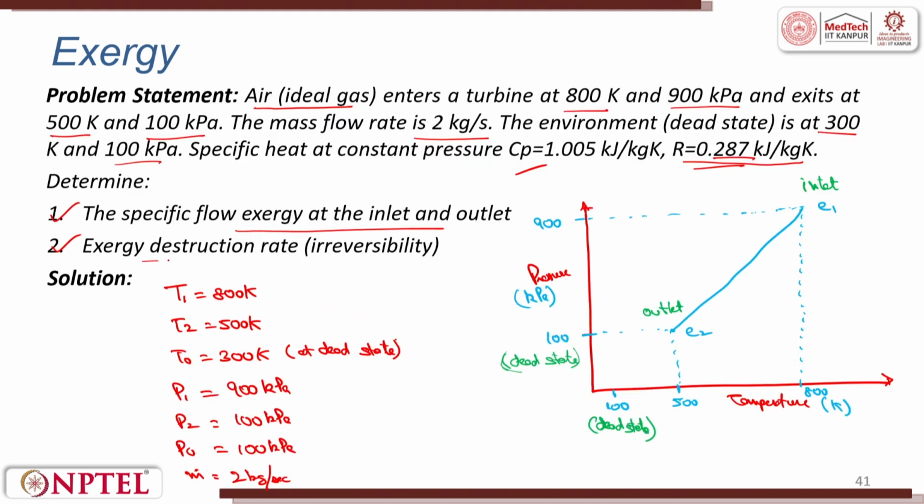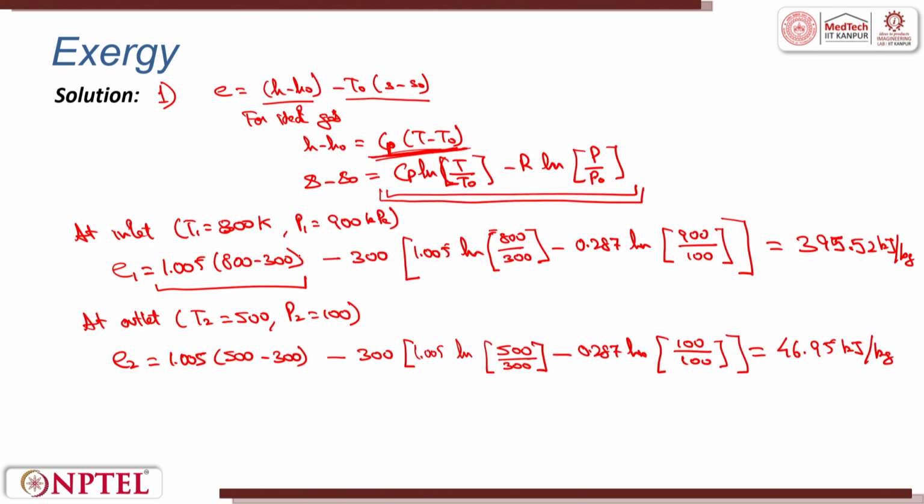Part 2 is exergy destruction rate. The exergy destruction rate, that we call capital E dot destroyed, is equal to m dot into E1 minus E2.